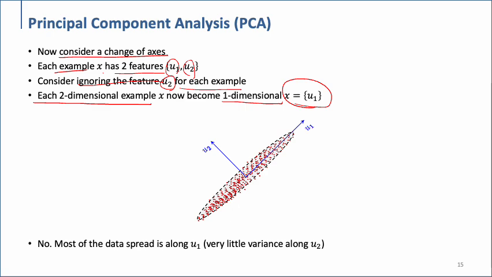And when we ask whether we are losing too much information by removing the u2 feature, the answer now becomes no, because most of the data is spread along the u1 axis, so it has very little variance along u2. So by doing so, the problem becomes exactly the same as the first case. So here it is okay to remove the u2 axis.